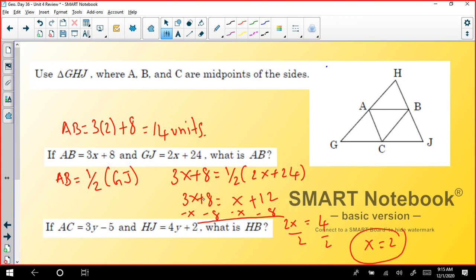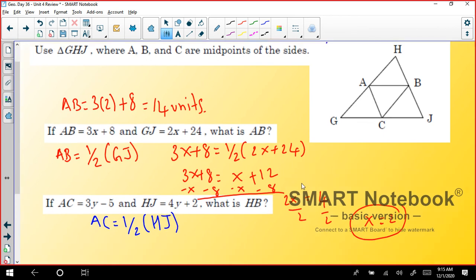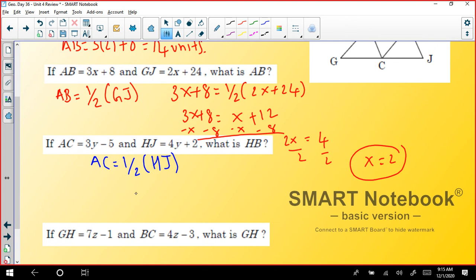We have AC equals half of HJ. So that is nothing but 3y minus 5 equals half of 4y plus 2. 4 divided by 2 is 2 and 2 divided by 2 is 1.